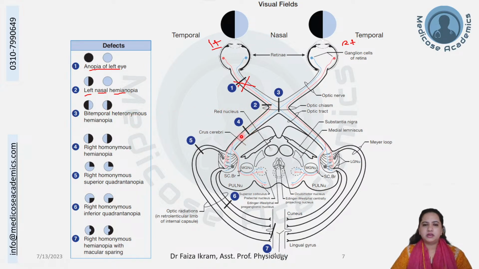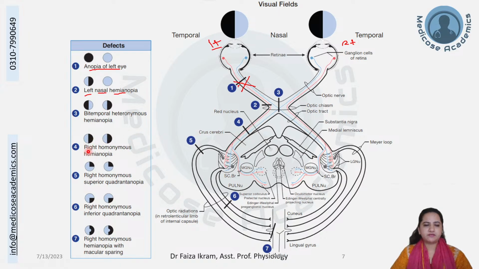Moving on, level 4. Here the left optic radiation is disturbed. It has temporal fibers of the left eye, meaning the nasal field of vision of the left eye, and nasal fibers of the right eye, meaning again the temporal field of vision of the right eye.